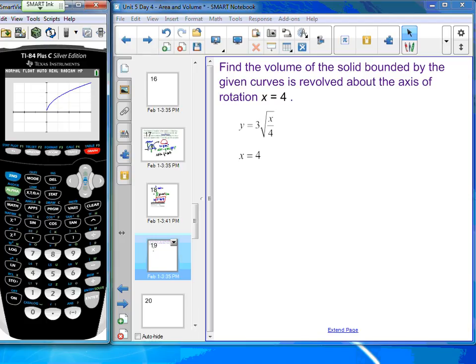So I want to go to x equals 4. So it looks to me like I can leave my y min. I think I'll shorten up my x min a little bit, and I need more x's, and I want more y max. So I'm going to go ahead and try -2 to 6 for both x's and y's and see if that's a good picture.